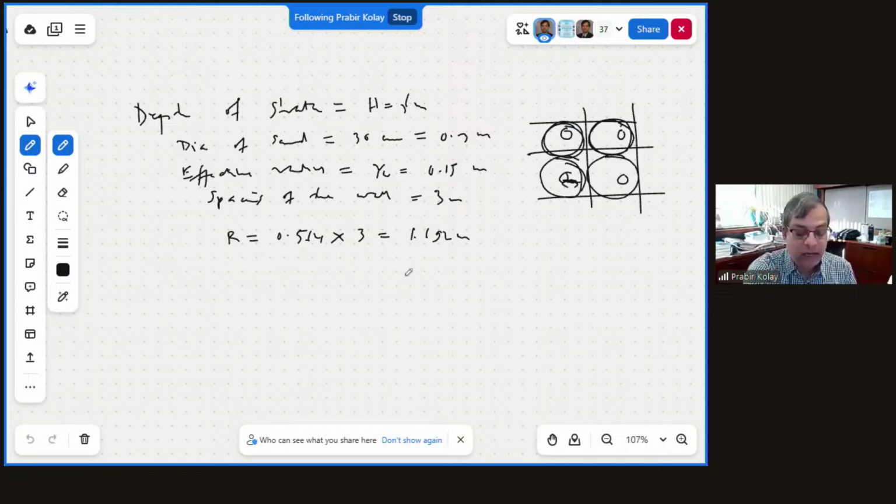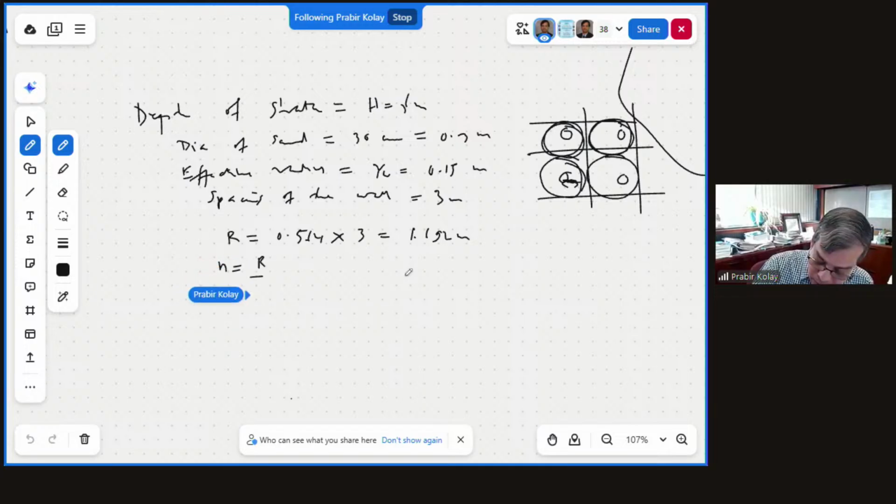I have given a table with degree of consolidation, where n is equal to R by rw, with R being what I just calculated and rw the radius of the well, and the time factor for different U values for the radial direction, with different n values. First thing we need to calculate is the value of n in our case. So n is basically R by rw.